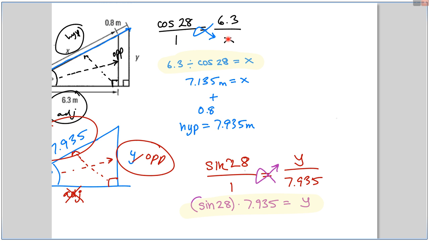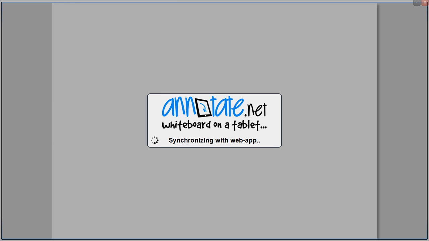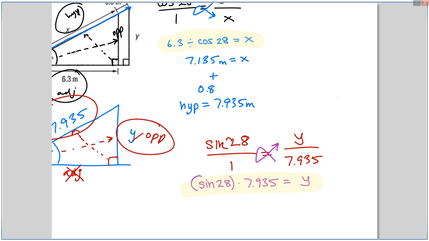So if it's unknown in the bottom, you're going to have to divide. Nathan, where is it on this one? See, it times. Did everybody catch that? It'll always be like that. But if you know how to cross multiply, you should be good anyway. So timesing by sine 28, and we're getting 3.725.